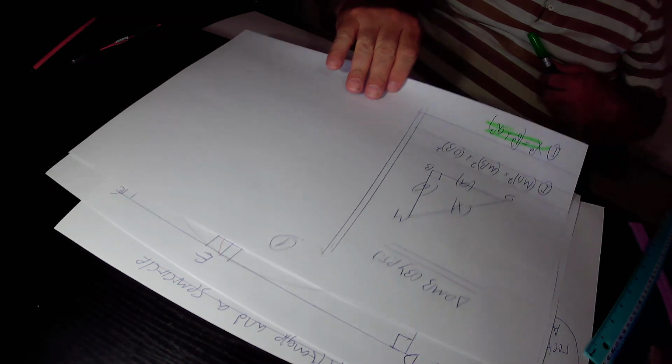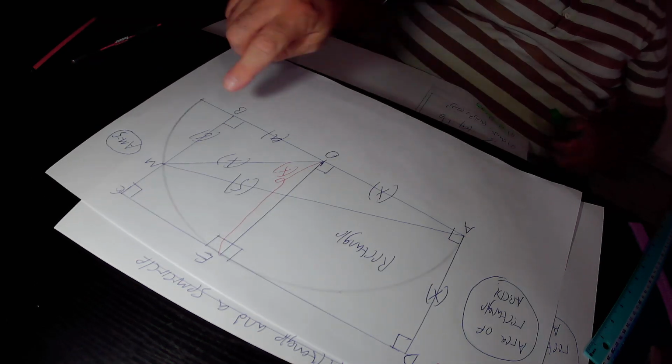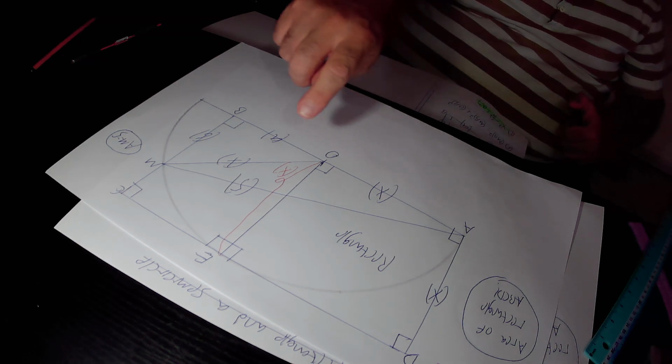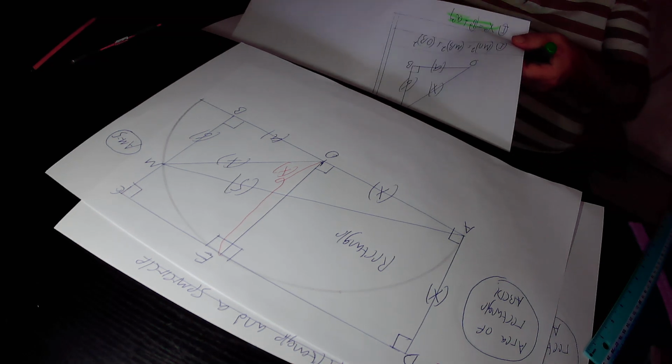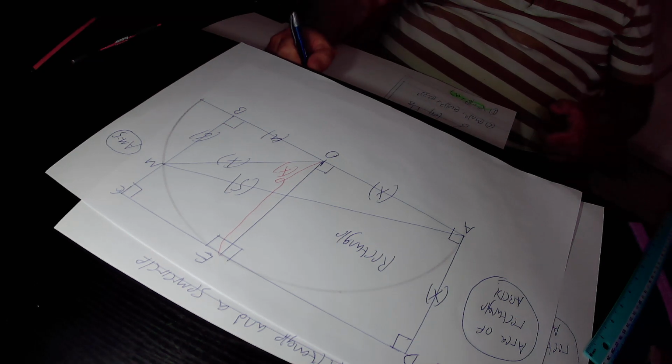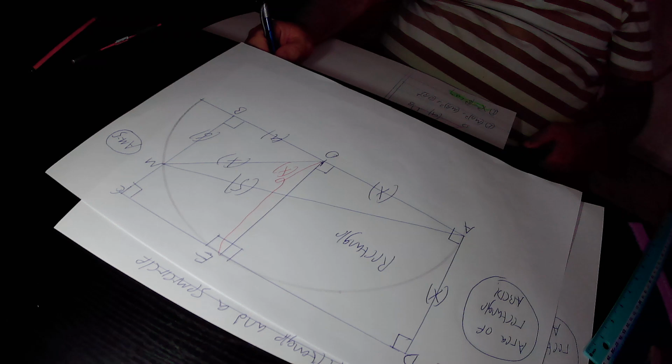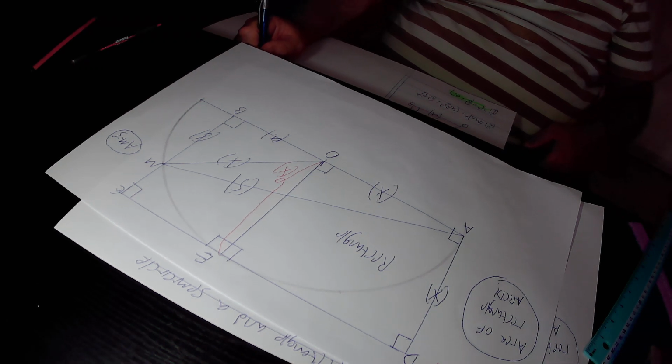In the next step, I'll copy this right triangle AMB in a new page, and we will implement the Pythagoras theorem on this big right triangle AMB. So here PT is the relation for Pythagoras theorem.